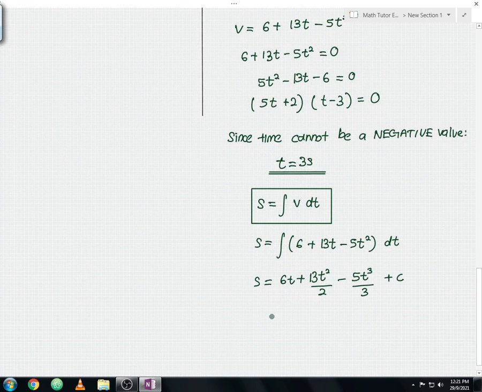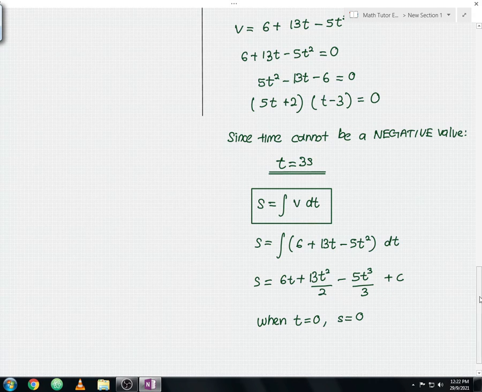Okay, from here you need to add an important piece of information. When t is equal to 0, s equals 0. Okay, so since you substitute this value into this equation, indirectly your c also becomes 0.